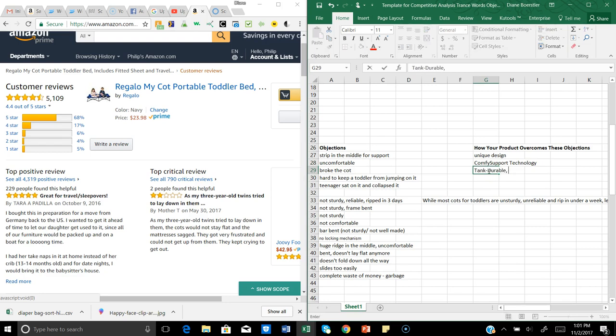Is it tank durable? Is it made of a specific type of metal that allows it to be unbendable even under like 300 pounds? Right? And again, these are the features your product uses to overcome these objections. Is it hard to keep a toddler from jumping on it? You can't really do much about that.